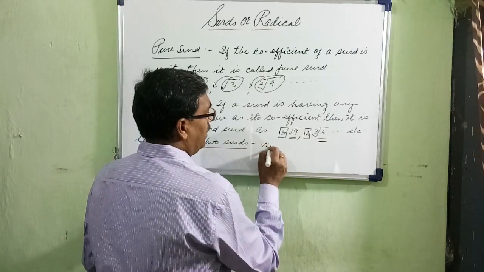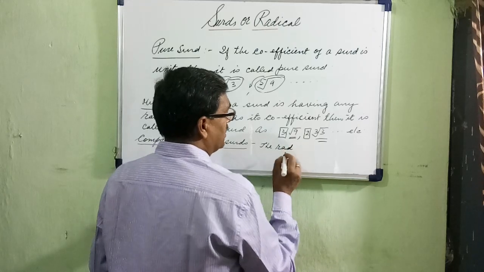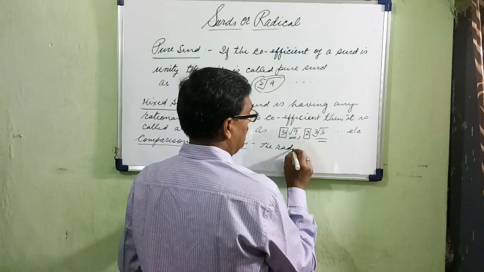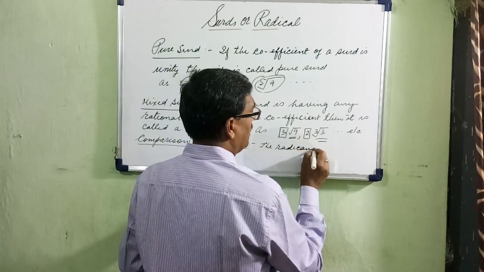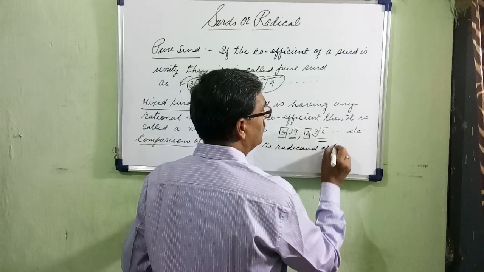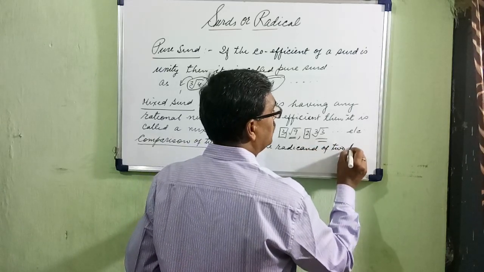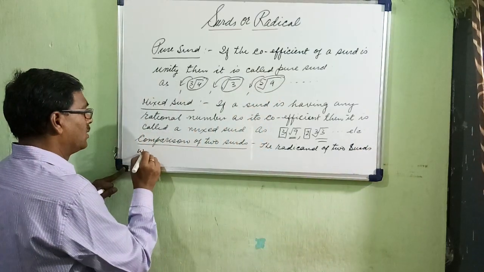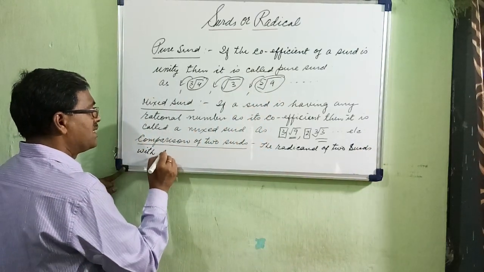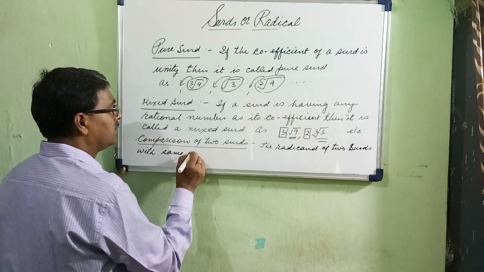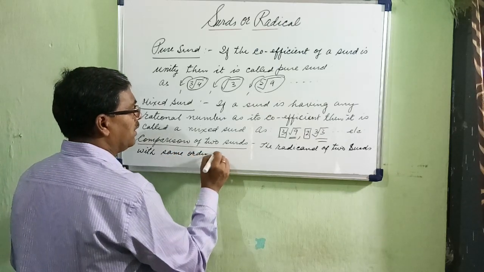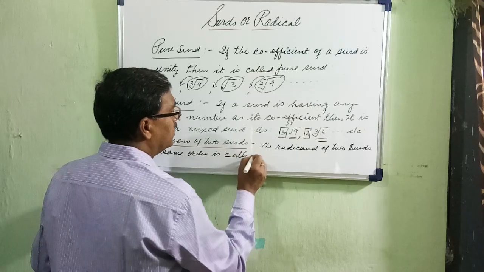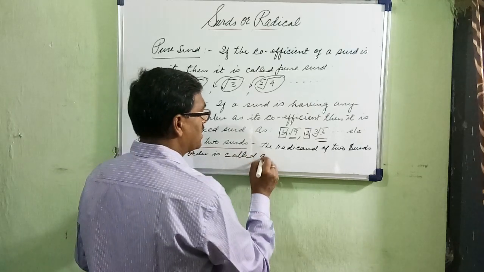The radicand of two surds with the same order is called greater surd.